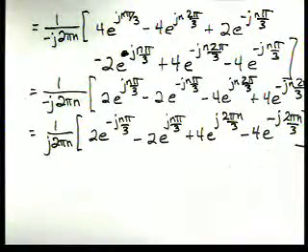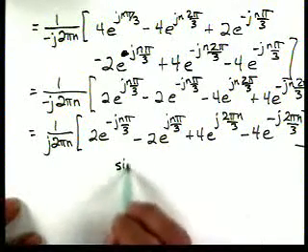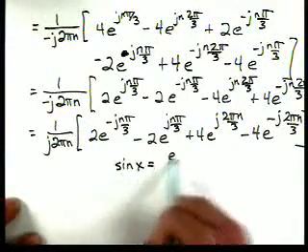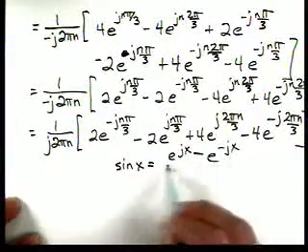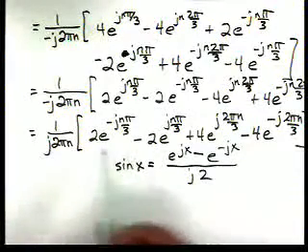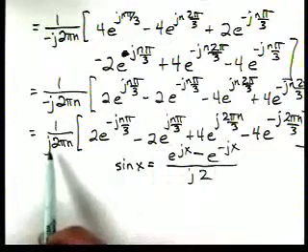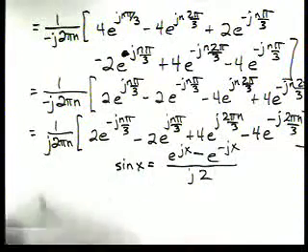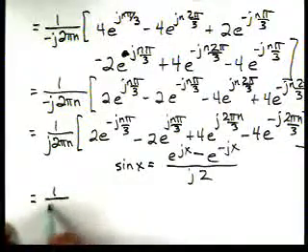Now, if we remember that sine x can be written as e to the jx minus e to the minus jx over j2, we've got some terms here very similar to this. If we pull this j2 in, we can rewrite this as 1 over n pi.